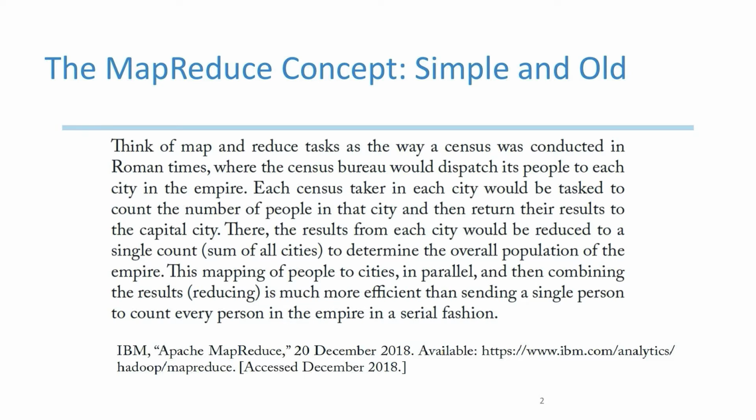There, the results from each city would be reduced to a single count, the sum of all cities, to determine the overall population of the empire. This mapping of people to cities in parallel and then combining the results, reducing, is much more efficient than sending a single person to count every person in the empire in a serial fashion.